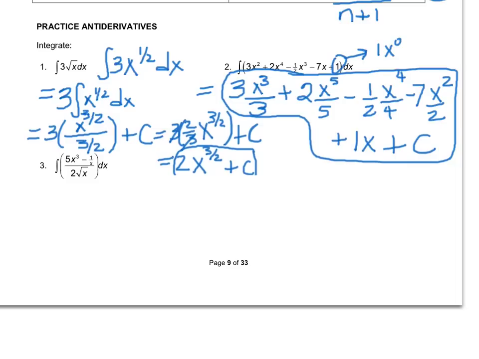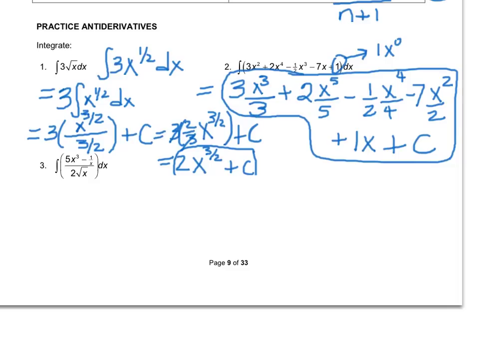Now, when you have one denominator in an integrand and two numerators split up by addition or subtraction, you can use your properties of fractions to help you simplify this thing before you ever do an antiderivative. And that's very similar to the techniques that we used when we were doing derivatives.